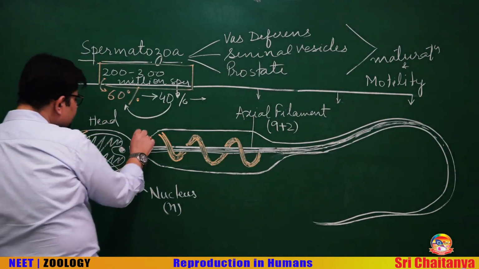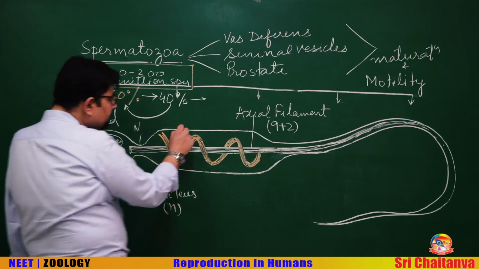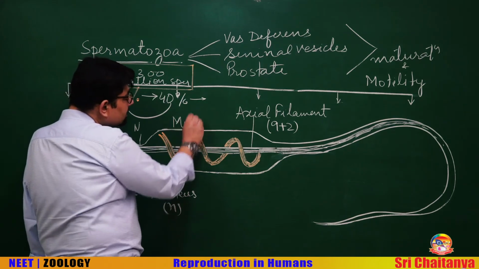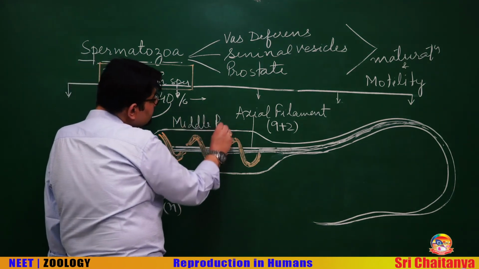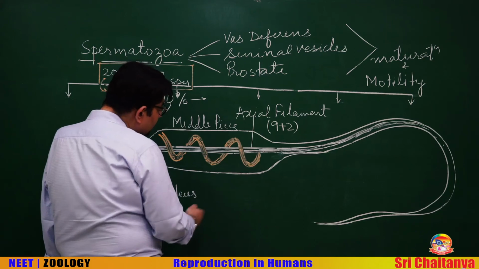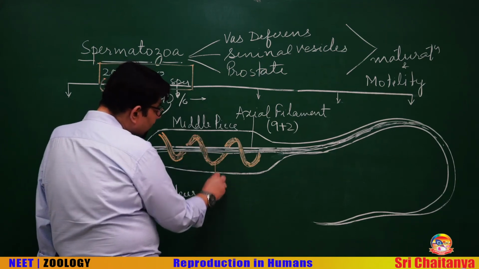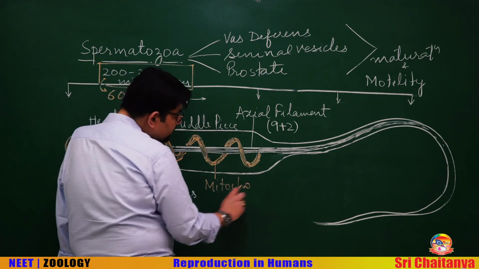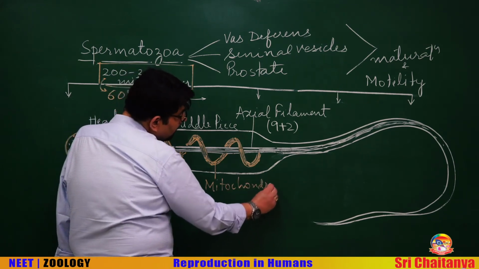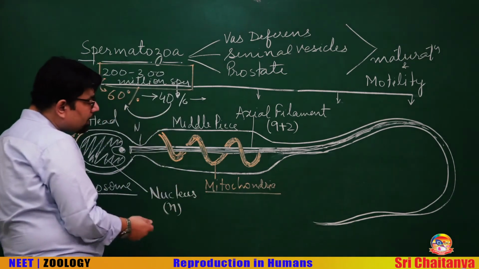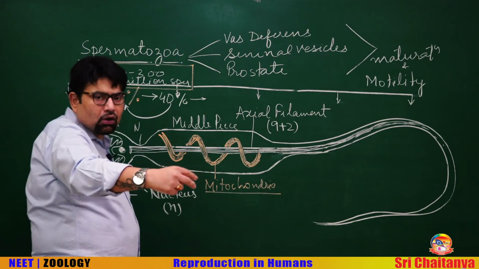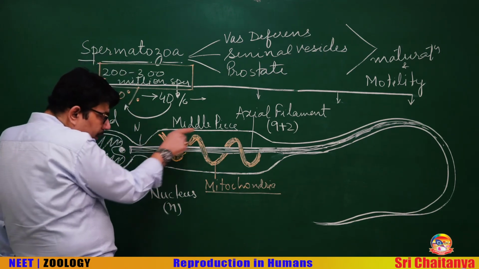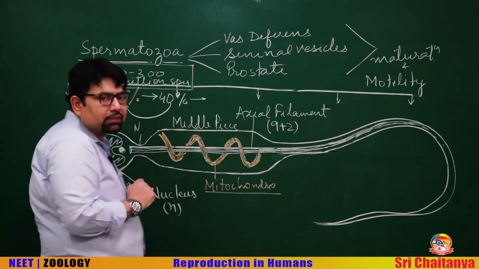So, head, this part is called the neck, and this part is an important part called the middle piece. Remember, the middle piece contains numerous mitochondria, and all these mitochondria are in a sheath called the Nebenkern, and that sheath is spiral around the axial filament.